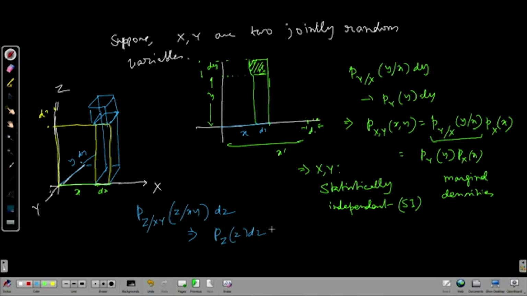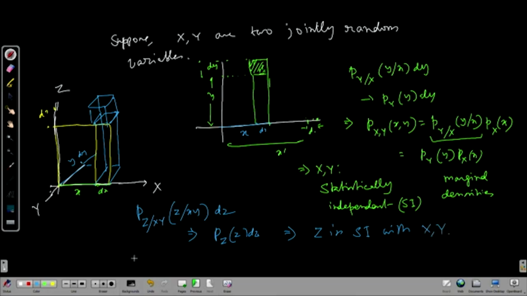In that case, we will say Z is SI, statistically independent, with x, y.